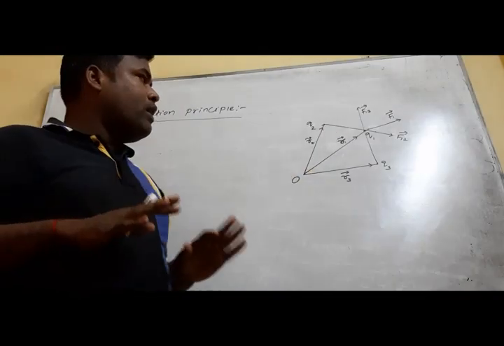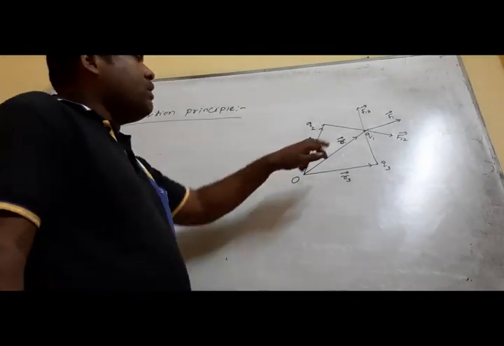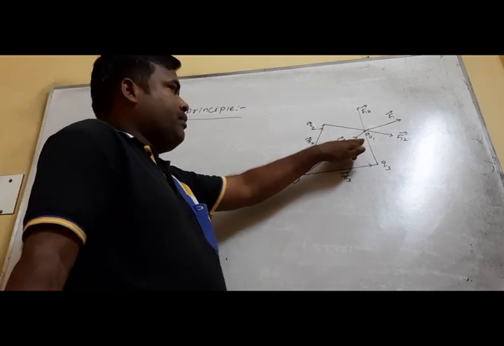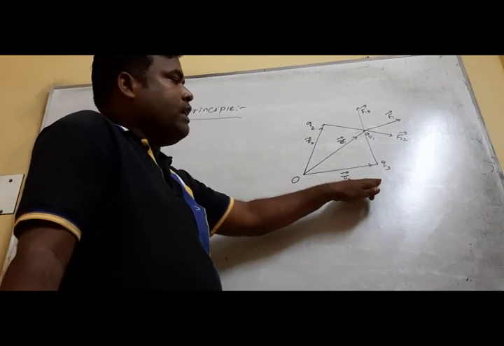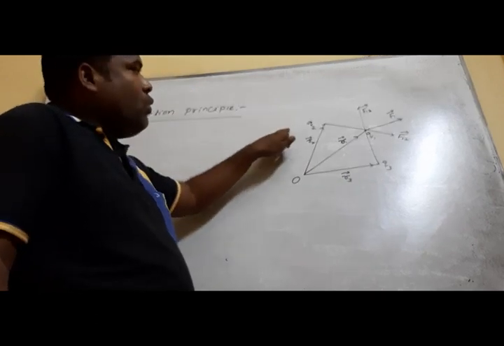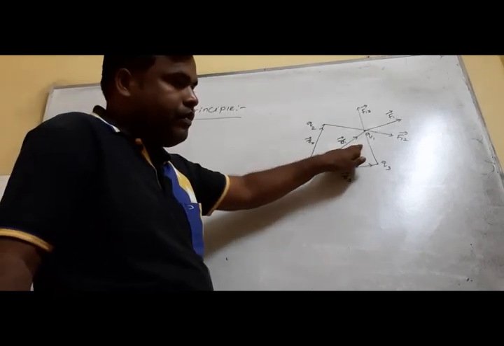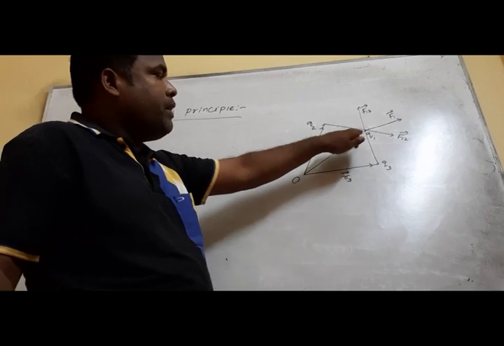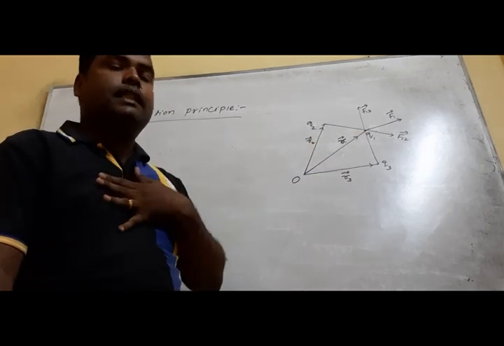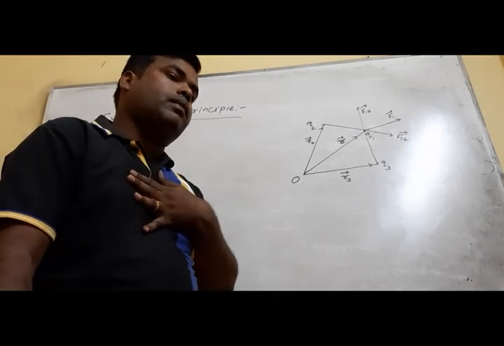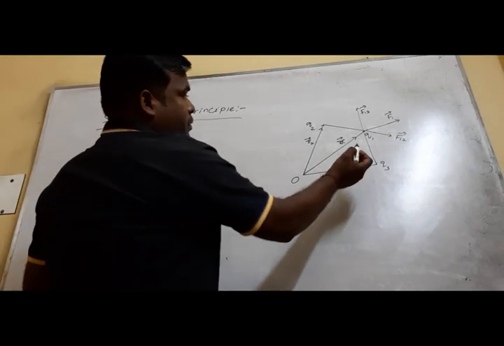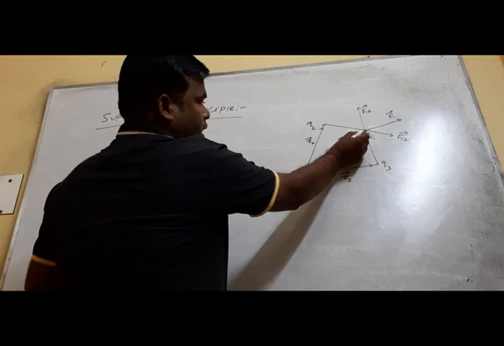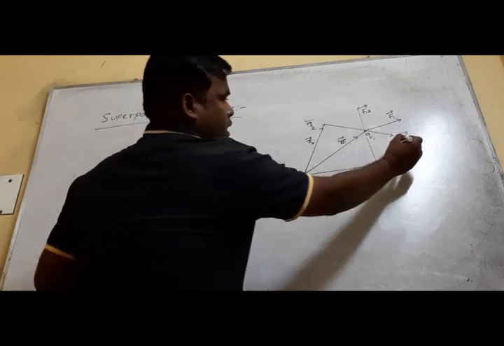So, here we want to find what is the net force acting upon Q1. Here, there are two other charges, Q2 and Q3. Q2 exerts force upon Q1. Q3 also exerts force upon Q1. But Q1 itself cannot exert force upon itself. So, force acting upon Q1 due to Q2 is F12.